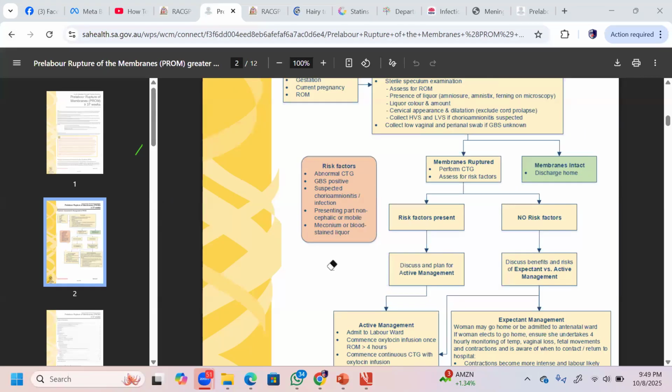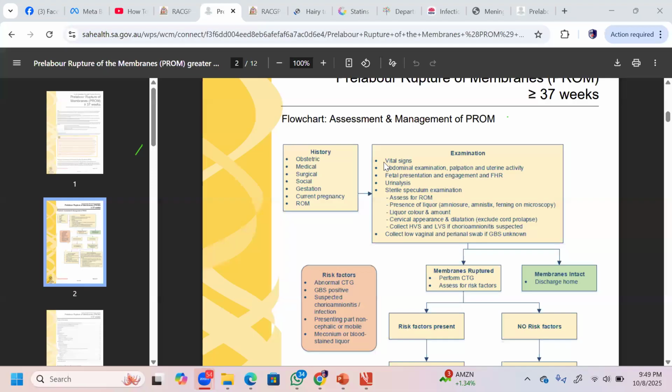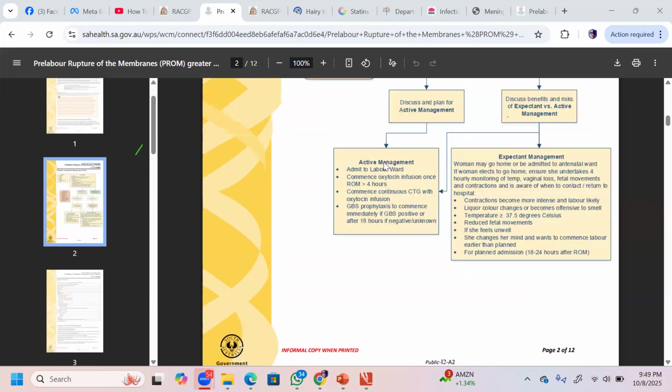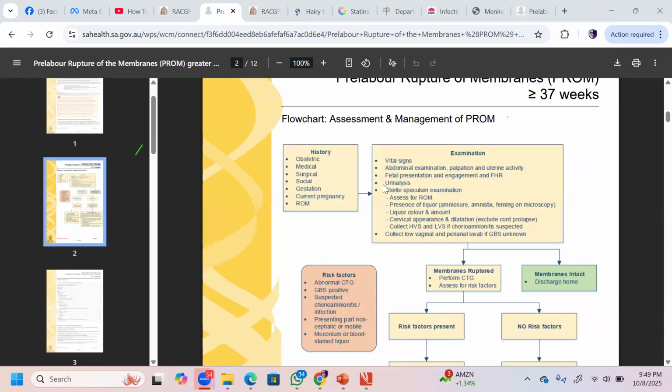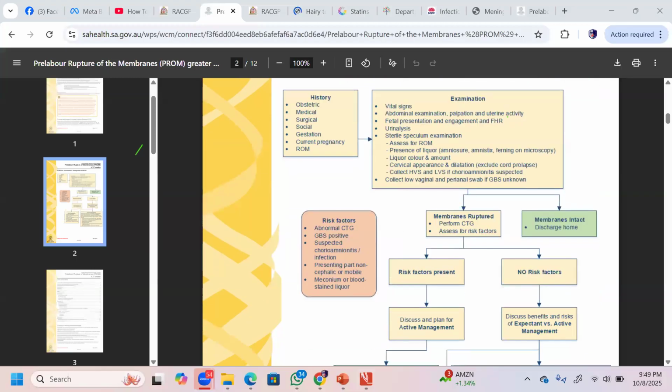Should we move to next? Okay. So many questions are covered from this flowchart. So the flowchart is extremely important.